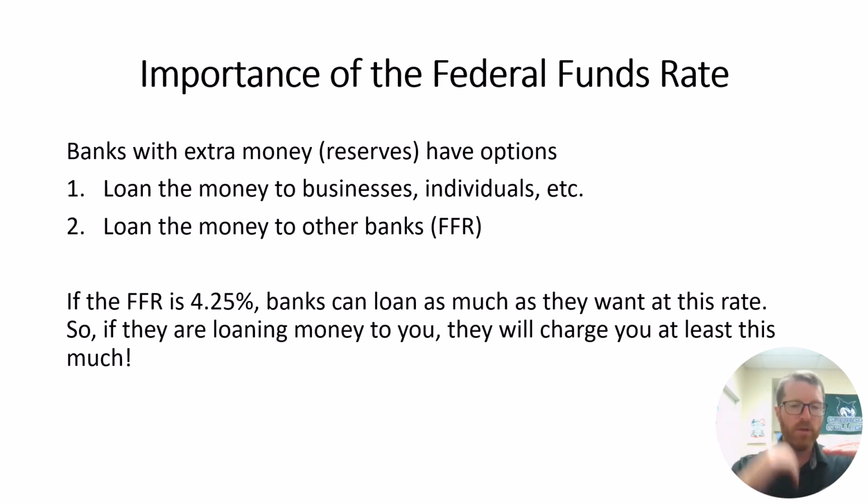So the federal funds rate becomes a floor on mortgages and other forms of borrowing that individuals do. And we know forms of borrowing are really important. Borrowing money for mortgages, to buy a car, to start a business, things like that are really important for the economy. So the Fed having this way to control interest rates in the economy is a major way that they have a huge influence on the economy.